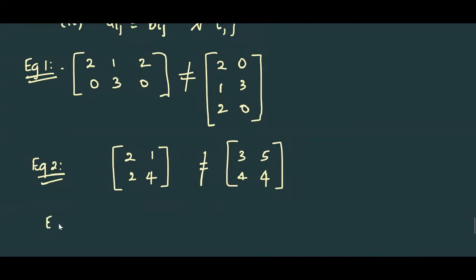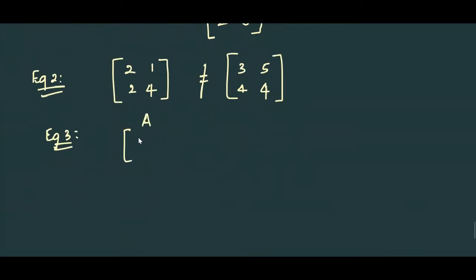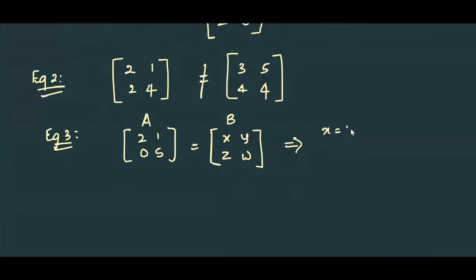If A is 2, 1, 0, 5, and B is X, Y, Z, W, this implies X equal to 2, Y equal to 1, Z equal to 0, and W equal to 5. So this is about equality of matrices.